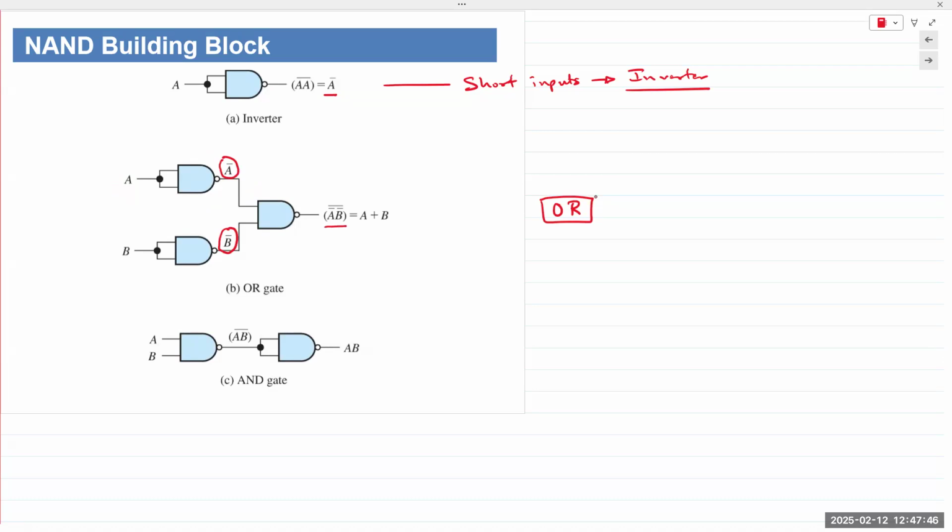And from De Morgan's laws, we can get A naught and B naught, naught is equal to A plus B. So we get an OR output using 3 NAND gates.